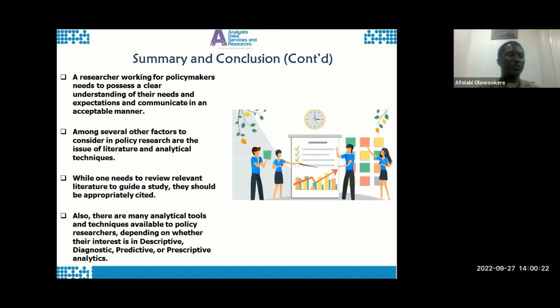One needs to review relevant literature to give a guide to the study, one should cite appropriately and avoid plagiarism. There are many analytical tools applied for descriptive analysis, diagnostic analysis, for predictive analysis, as well as for prescriptive analysis. We hope that you find all this useful in our policy.